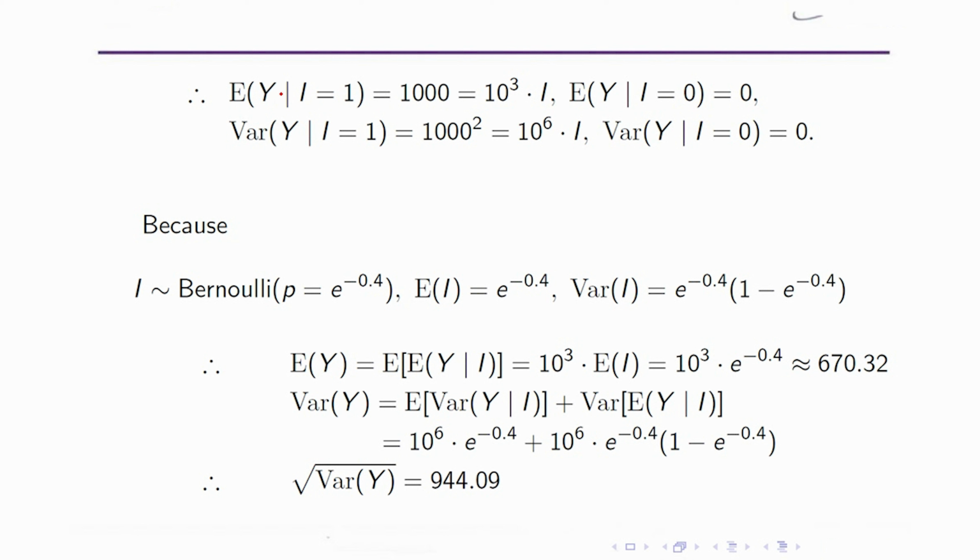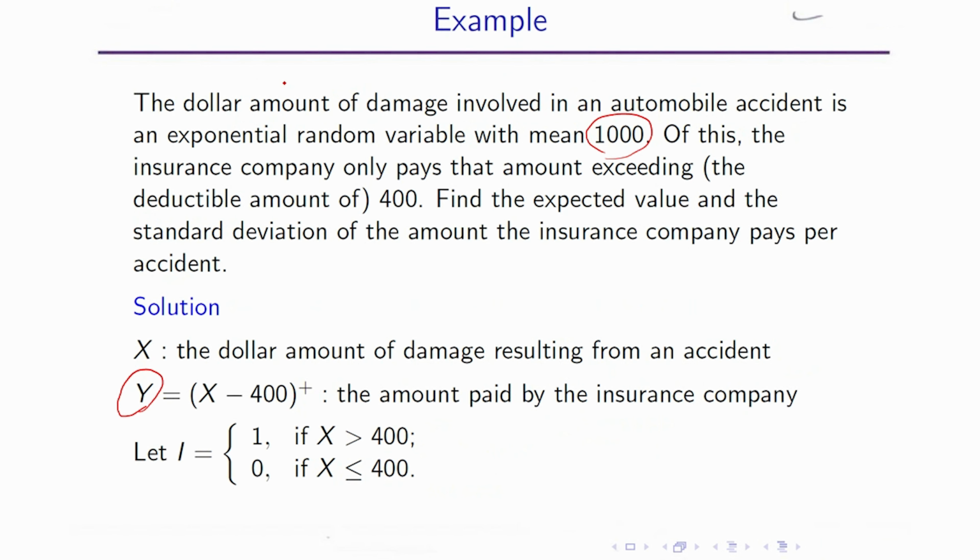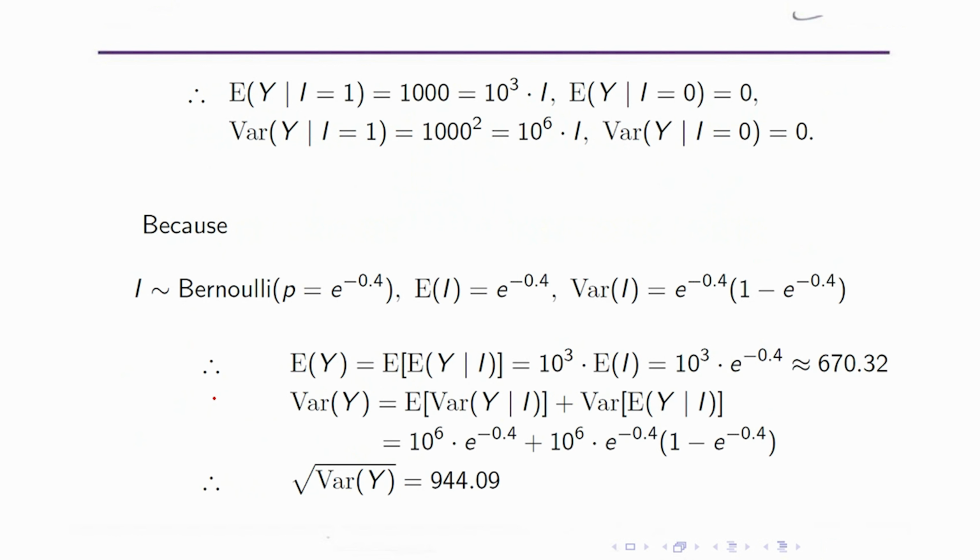Also, because X, the amount of damage involved, is exponentially distributed, given X more than 400, based on the memoryless property, we know that the distribution of Y is simply like the exponential distribution with mean 1000.